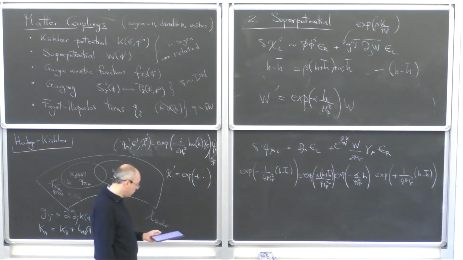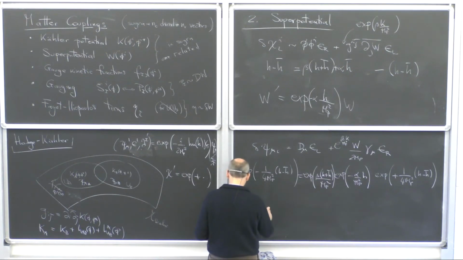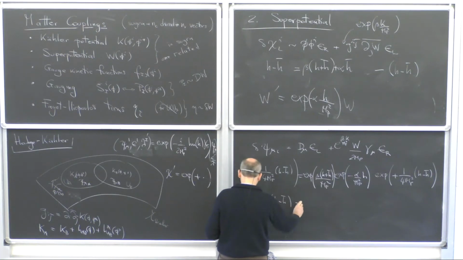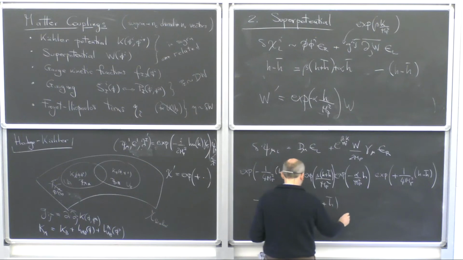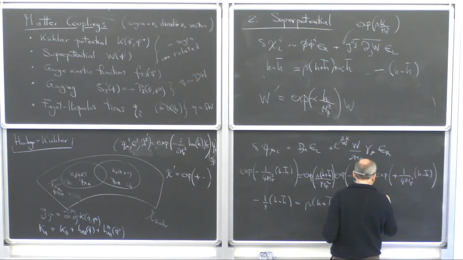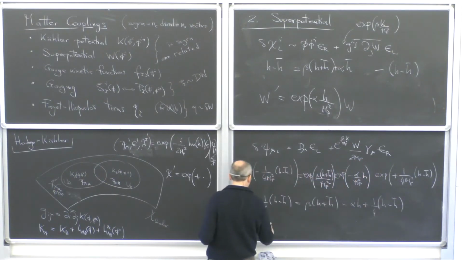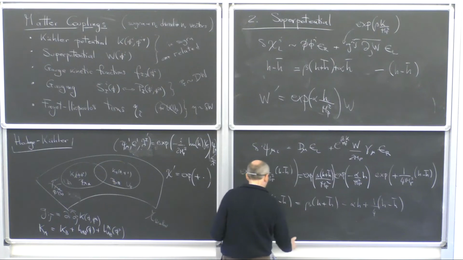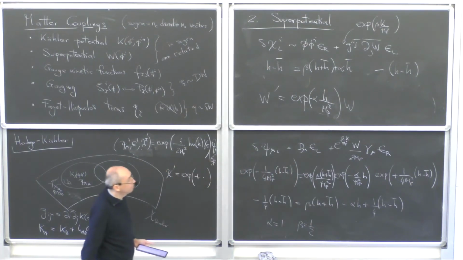And then you can put together the exponents, and you see that I need minus a quarter h minus h bar, which should be the same as beta h plus h bar minus alpha plus a quarter h minus h bar. And you can check that you can solve this if you choose alpha equal 1 and beta equals 1/2.